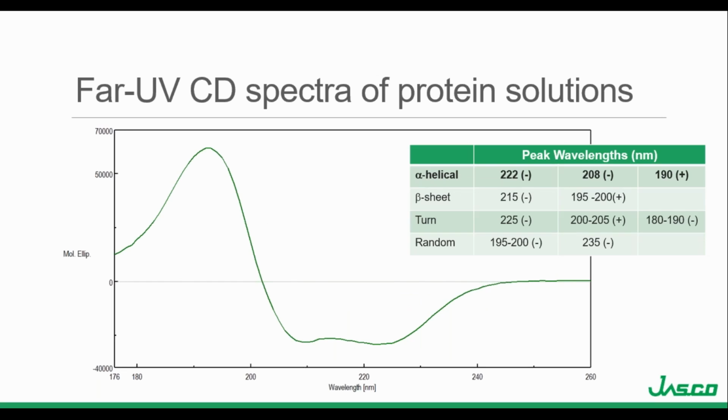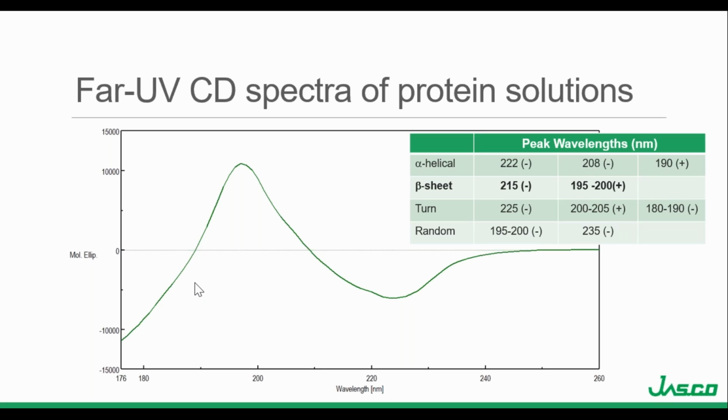Alpha helical structures have the most spectral amplitude and very little spectral diversity, and are characterized by 2 negative maxima at about 208 and 222. This is extremely convenient for samples that require highly absorbing or scattering buffers, which make it harder to obtain good data below 200 nanometers where there's more absorption.